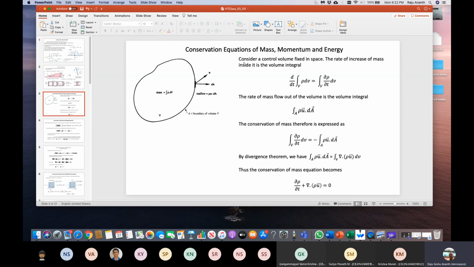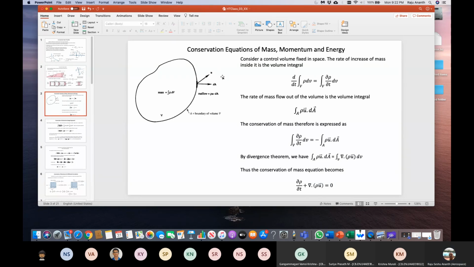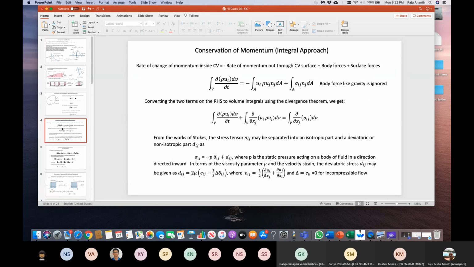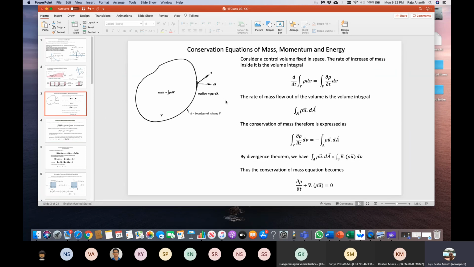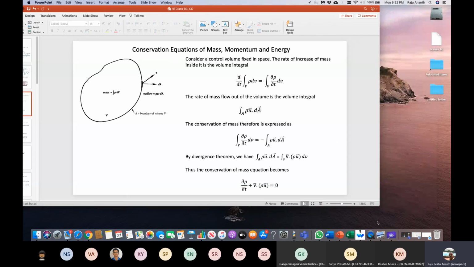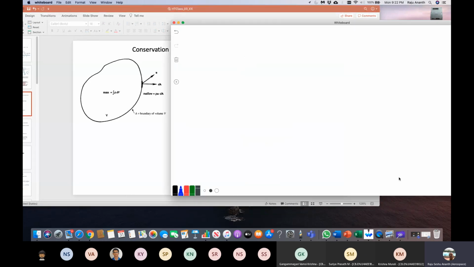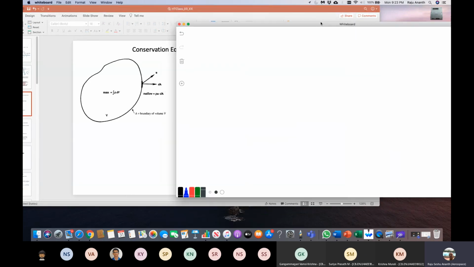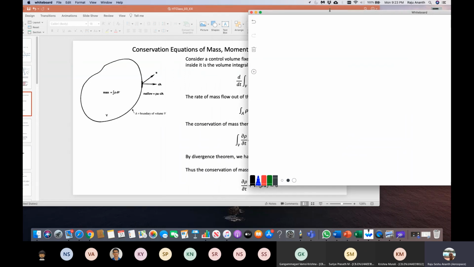So if I convert that, let's see. Okay, let me bring my table here. I don't have very much time, but let's do it. Okay, so everybody understood.